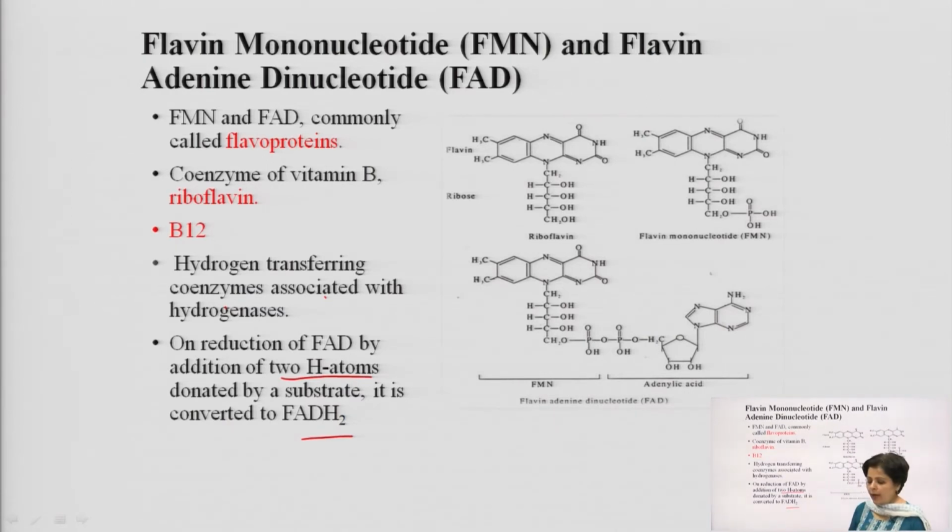On the reduction of FAD by addition of 2 hydrogen atoms donated by the substrate, FAD will be converted into FADH2 by accepting the hydrogen molecules which will be donated by the substrate.